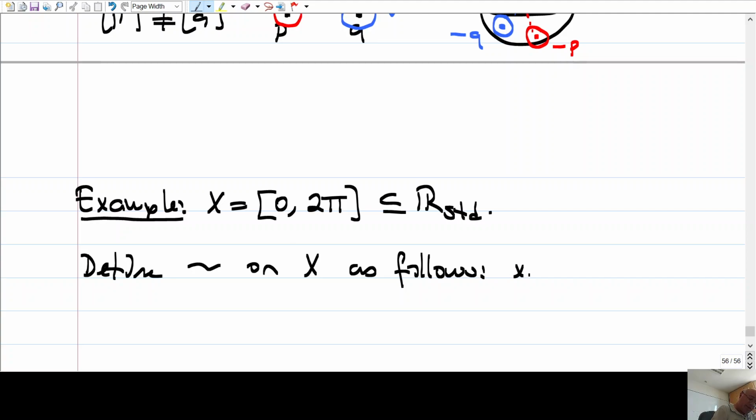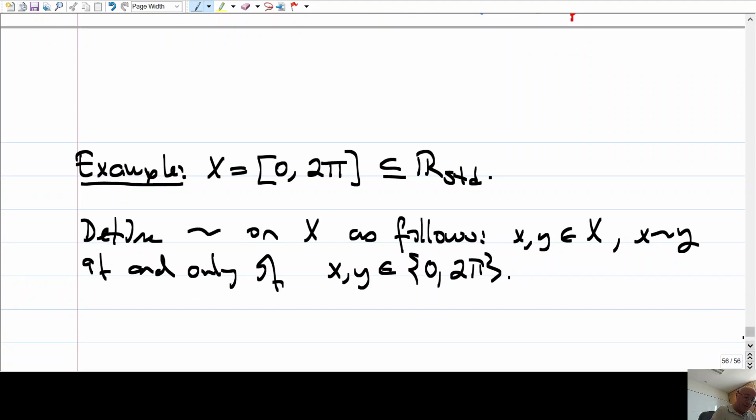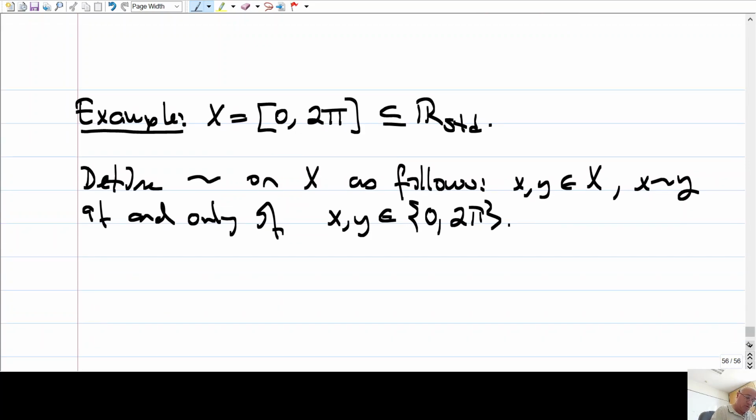x and y in X are related if and only if x and y are elements of {0, 2π}. So this means 0 is equivalent to itself, 2π is equivalent to itself, or 0 and 2π are equivalent to each other.